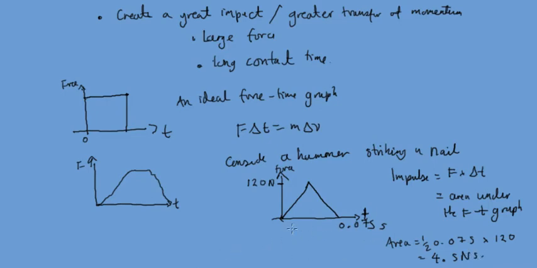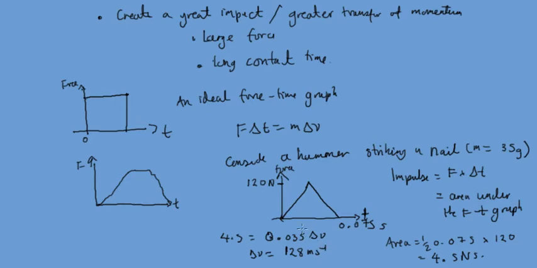And then we could use that to, if we have the mass of the nail is 35 grams, remember it's grams not kilograms, we can work out the velocity that nail is going to go in. So we've got our impulse, which is 4.5, equal to the mass, which would be 0.035 kilograms, times the velocity, and the velocity of the nail is going to be 128 meters per second.